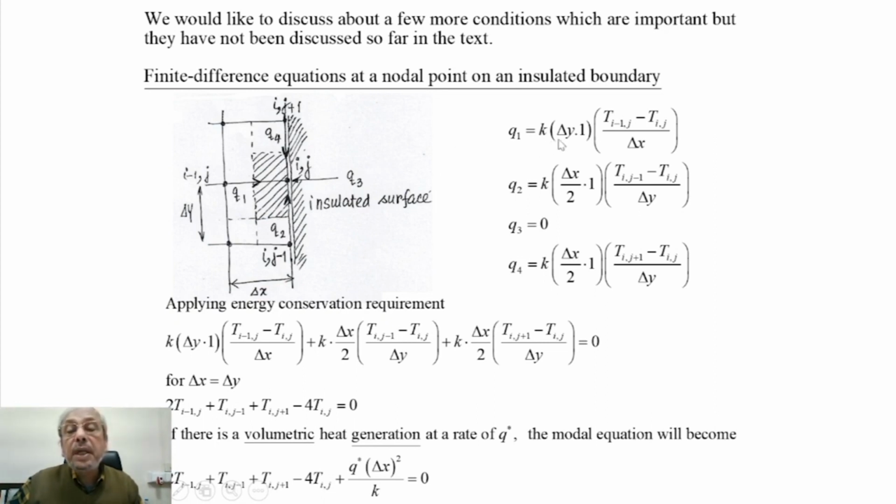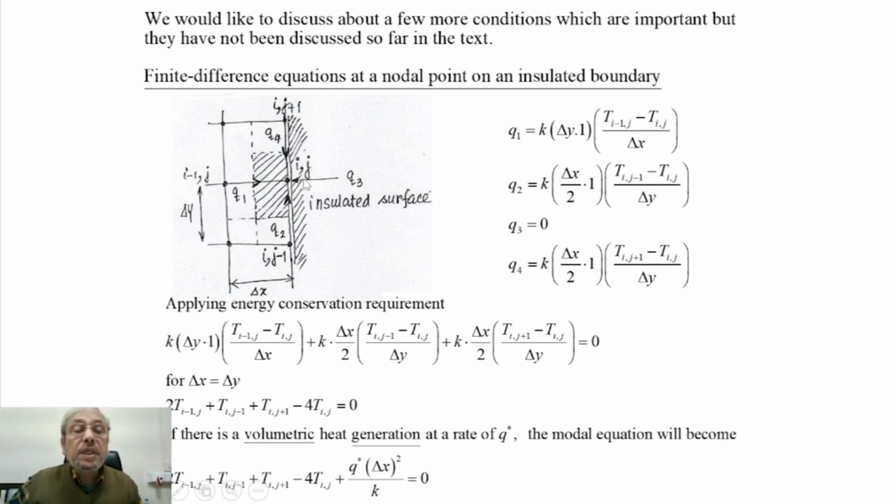Q1 will be given by conduction, K delta Y into (T I minus 1j minus Tij) by delta x. Q2 is also by conduction, K delta x by 2 into (Tij minus 1 minus Tij) by delta y.